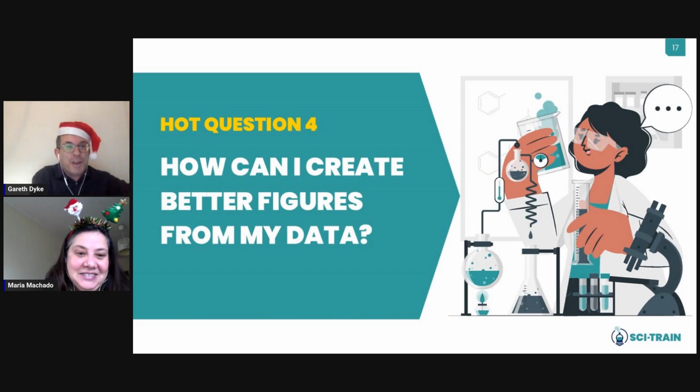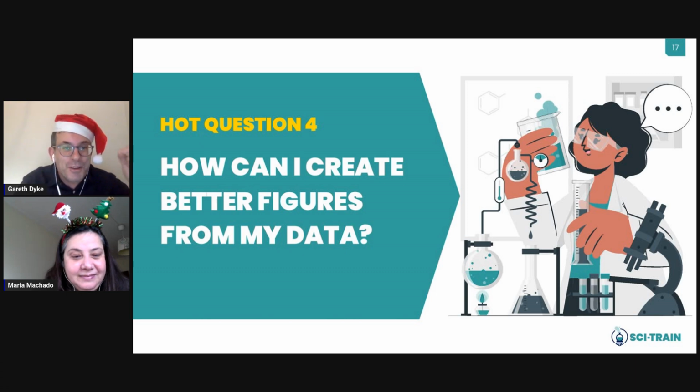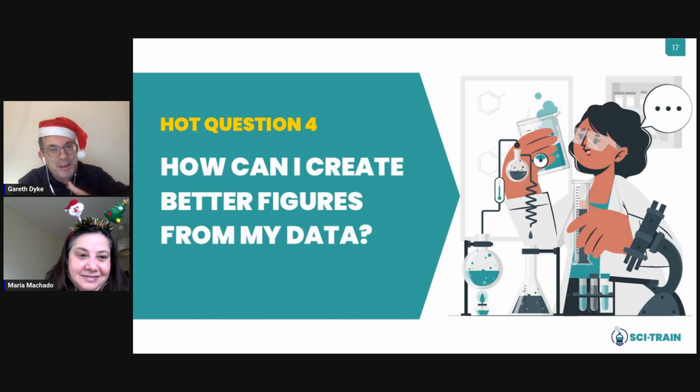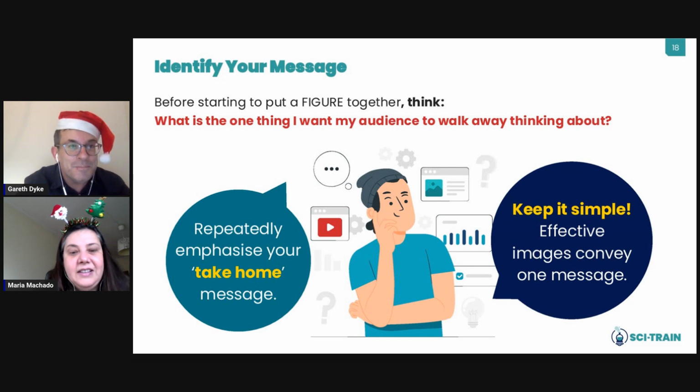Maria, we talked about figures before in the context of putting the results section together, but what tips do you have? I know you've looked at thousands of research papers in your extensive career. What tips are there for creating great figures? Don't overcomplicate. Try to get one message across clearly.